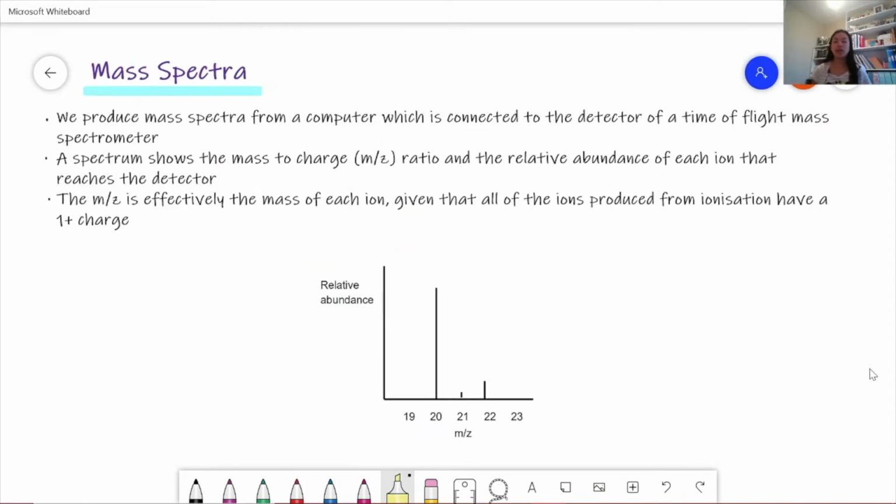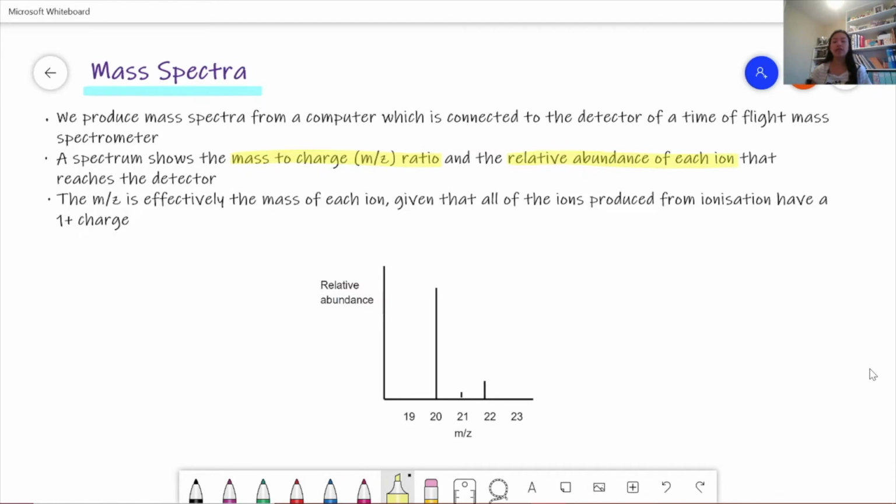And now we're going to start to look at mass spectra which are produced from these spectrometers. So we produce mass spectra from a computer which is connected to the detector of a time-of-flight mass spectrometer. And a spectrum shows the mass-to-charge ratio, and we call this the m/z ratio, and the relative abundance of each ion, so the relative amount of each ion that reaches the detector.